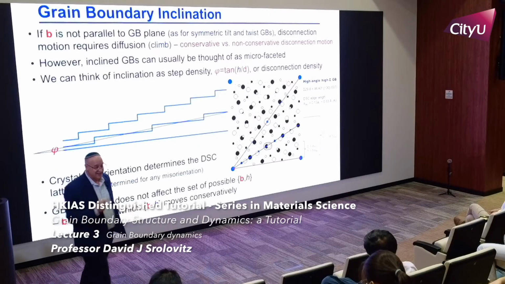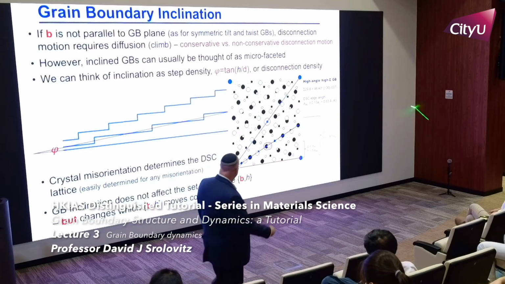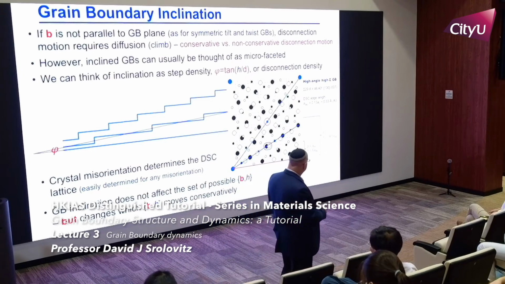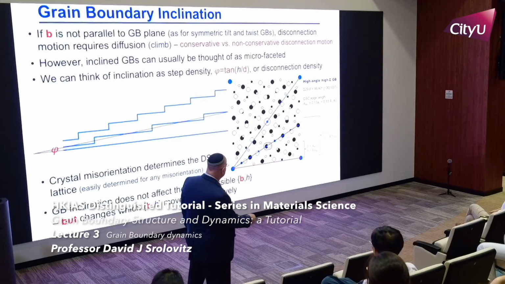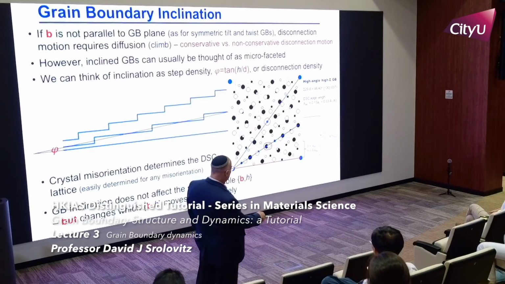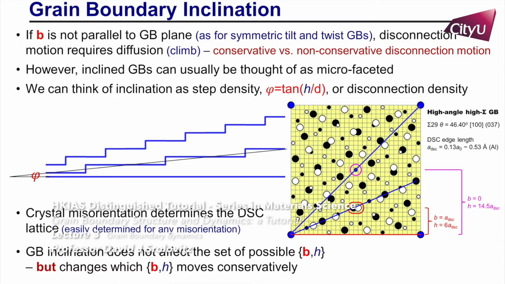Now, let's actually look at an example. This is a sigma 29 grain boundary, a misorientation of 46 degrees about a 100 axis. This is the DSC lattice associated with that. Those are all the black and white atoms.